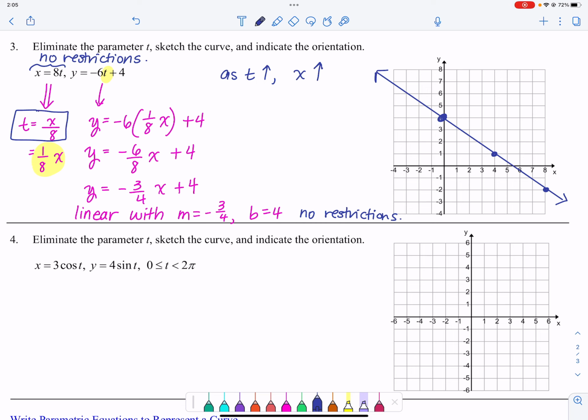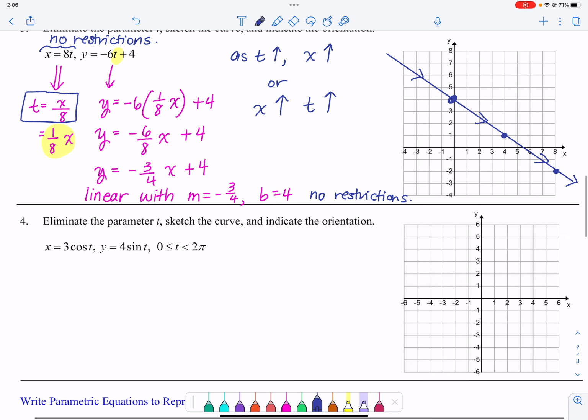So you could also think of it as x gets larger, t is going to also get larger. So we know that our arrows and our direction are going in that manner.